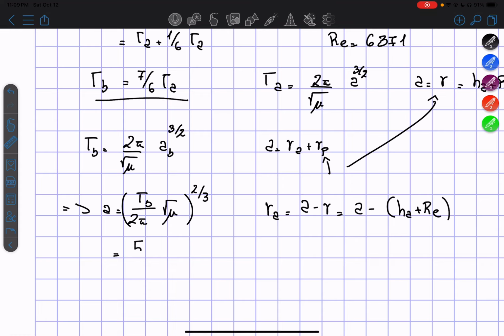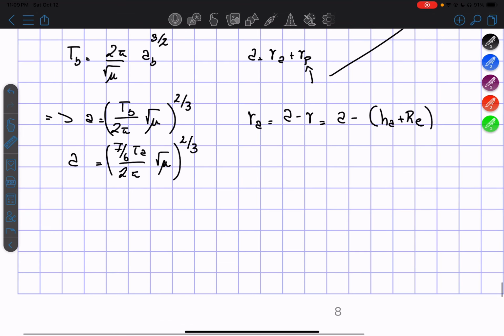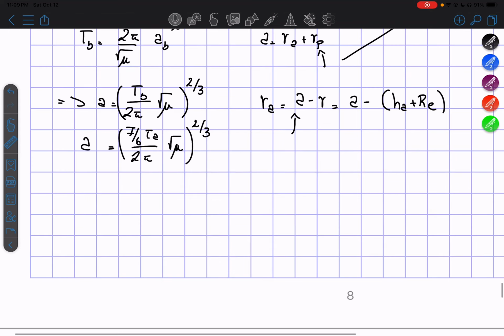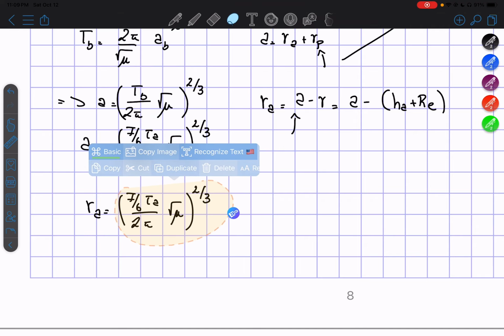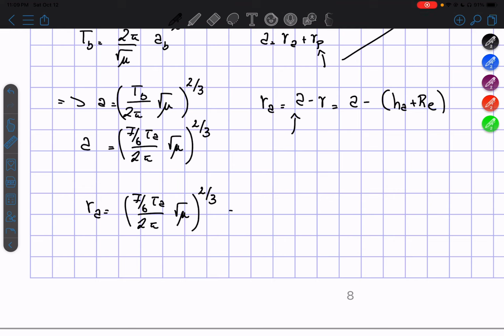So let's plug it in: 7/6 TA divided by 2 pi times square root of mu, everything to the power of 2/3. Now this is going to be the a of our object B, and we said RA is equal to 2a minus that, so RA is equal to this whole thing here minus HA plus RE.